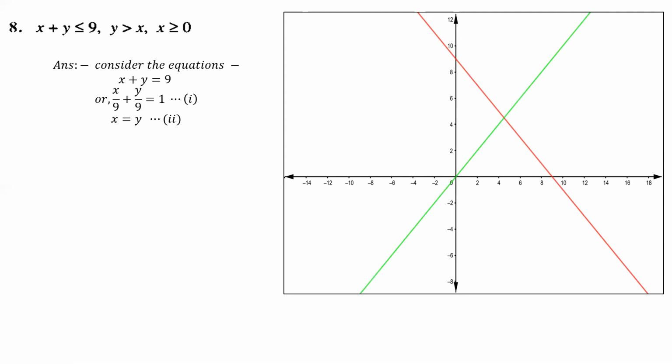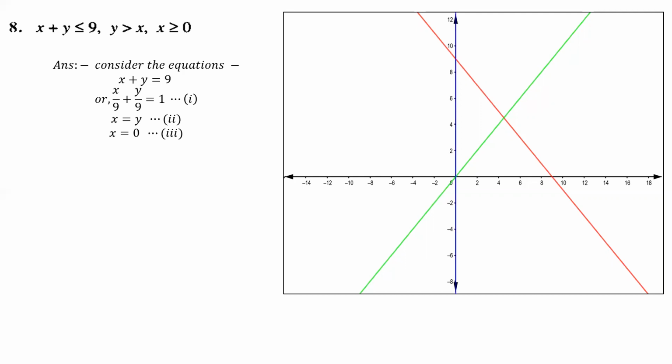x equals y. You can take 3 points for this line. You can take x equals 1, y equals 1, x equals minus 1, y equals minus 1. So you can take 3 points and then draw the line. Next is x equals 0, that is the y axis.